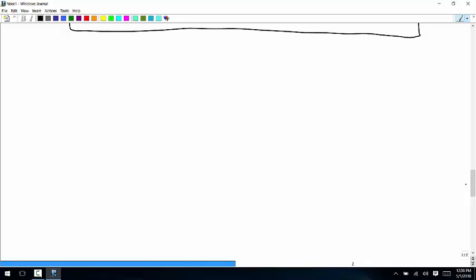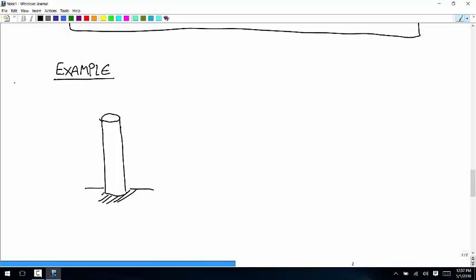Okay, so let me go through an example with numbers. Let's say we have a solid cylinder, and there's a force pushing these two together of 10,000 newtons. And let's say that the radius is 0.1 meters.